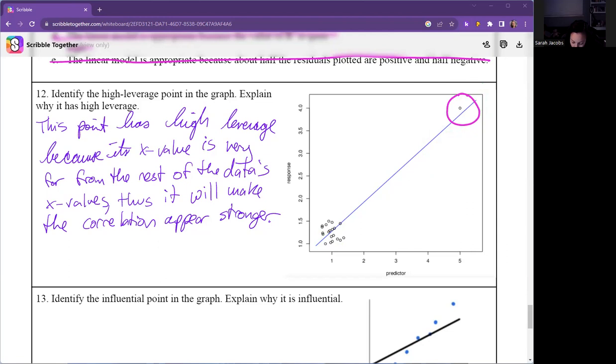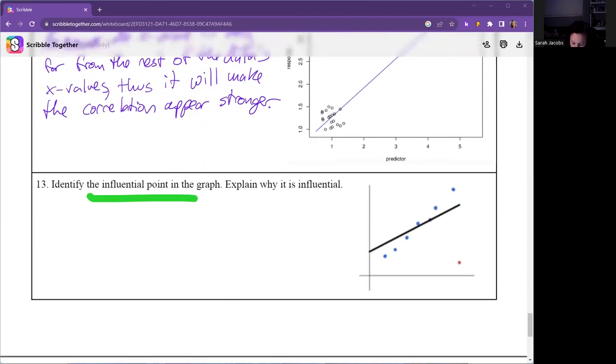All right. So lastly, identify the influential point in the graph. So on my version, it's a different color, which is nice. Explain why it's influential.